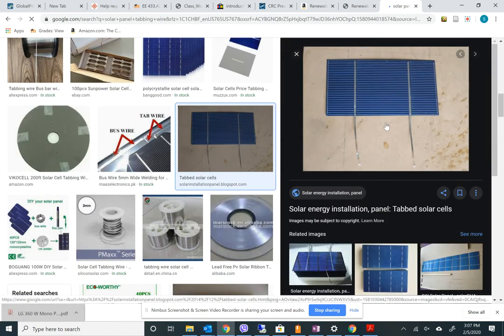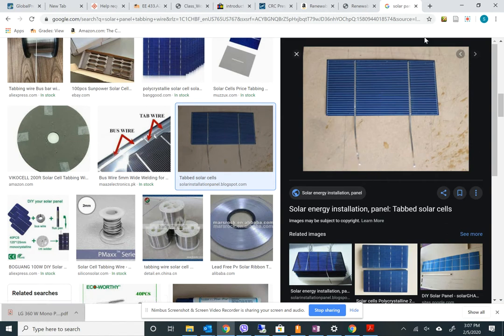So this picture, this is your panel. Those spine lines, those are your charge collectors. And then this wire right here is called tabbing. This is also called a bus bar. They are flat wire, so they come in a spool.